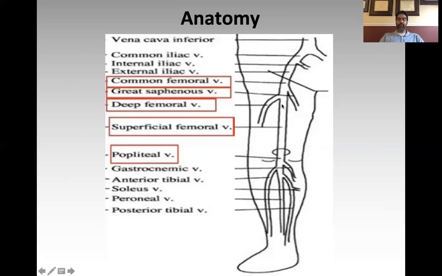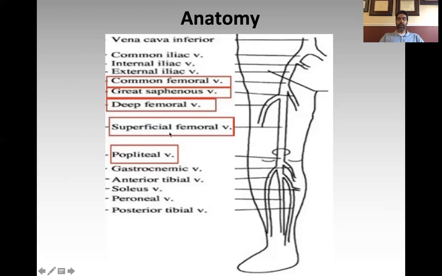As you go down on the leg, the deep femoral vein will sort of quickly dive into the muscle tissue and you'll lose it. And you continue following the superficial femoral vein until you lose it. Typically, the femoral vein visualization gets lost at about the lower 2/3 of the thigh.